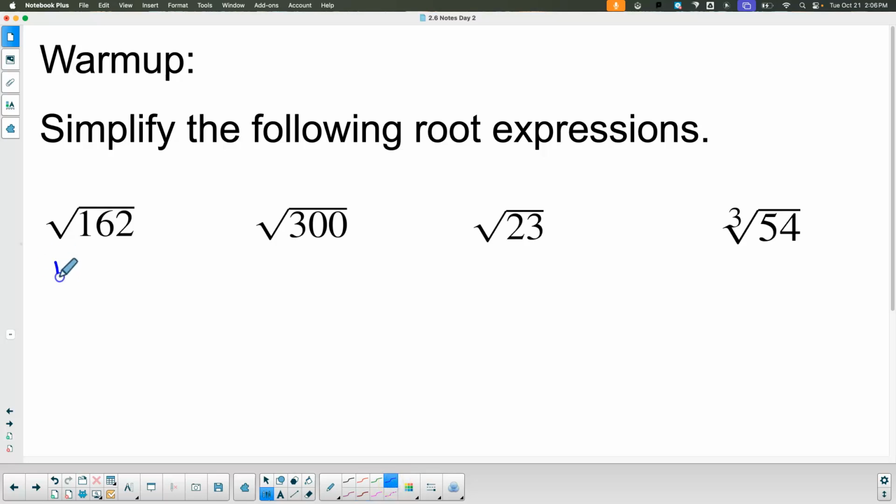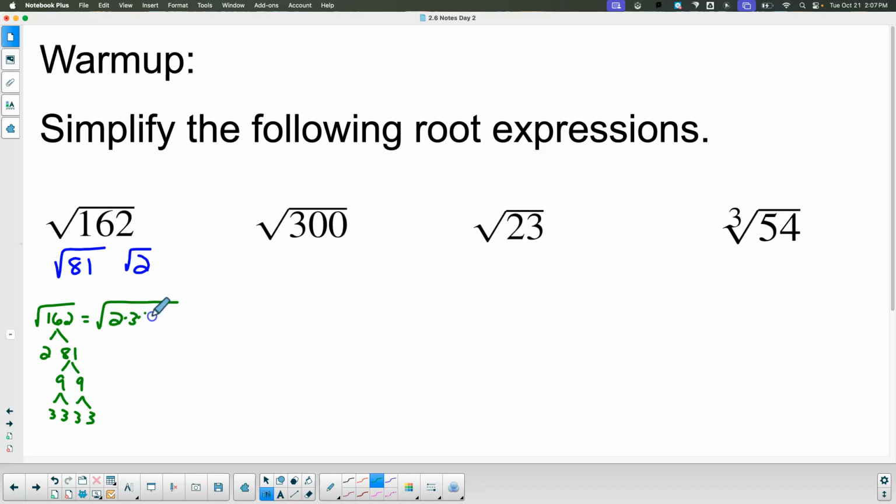If you didn't see that the square root of 162 is the square root of 81 times the square root of 2, then you would have to break up 162 into, I would say, 2 times 81, and 81 is 9 times 9, and 9 is 3 times 3. So the square root of 162 is the square root of 2 times 3 times 3 times 3 times 3.